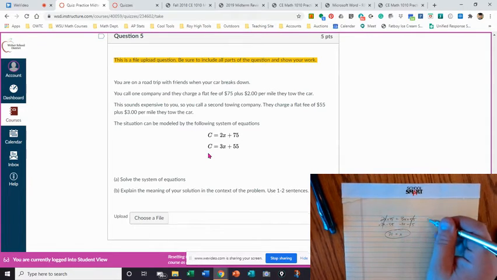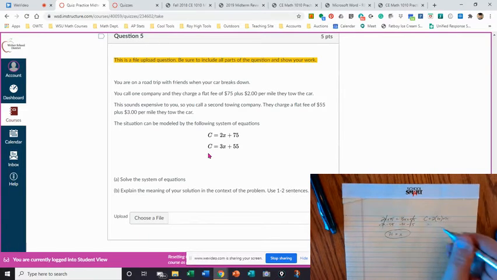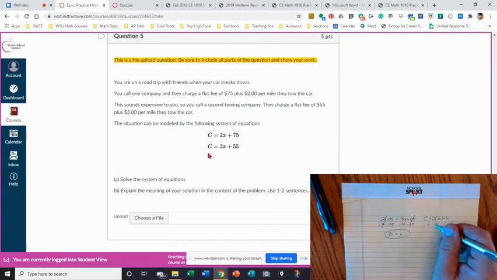Now that's not done because I have to figure out what the cost is too. So cost is 2x, so 2 times 20 plus 75. 2 times 20 plus 75, that's 40 plus 75, that's 115. So the solution to my equation is that.